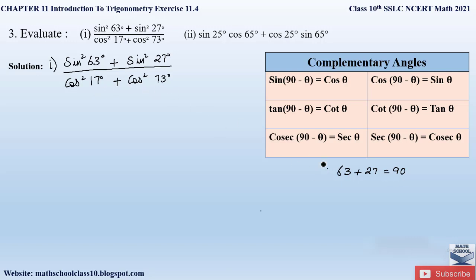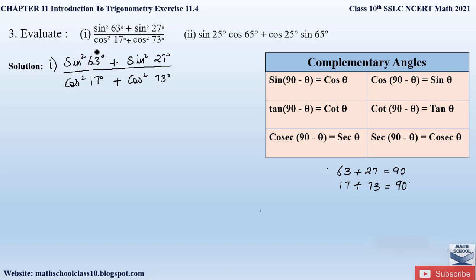Coming to our denominator, we have 17 degree and 73 degree. 17 plus 73 gives again a 90 degree angle. Therefore, either we will change the value of sine 63 or sine 27 in the numerator, and similarly we will change either the value of cos 17 or cos 73. We cannot change both values; we have to change any one value here.